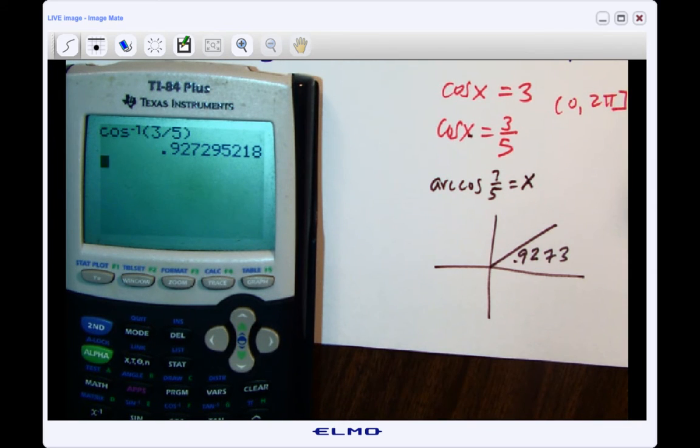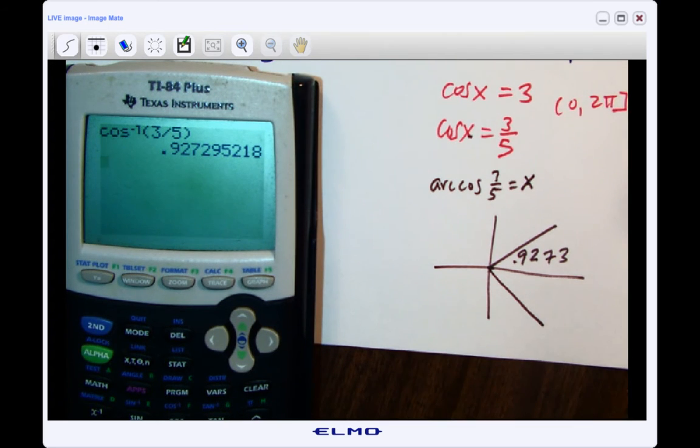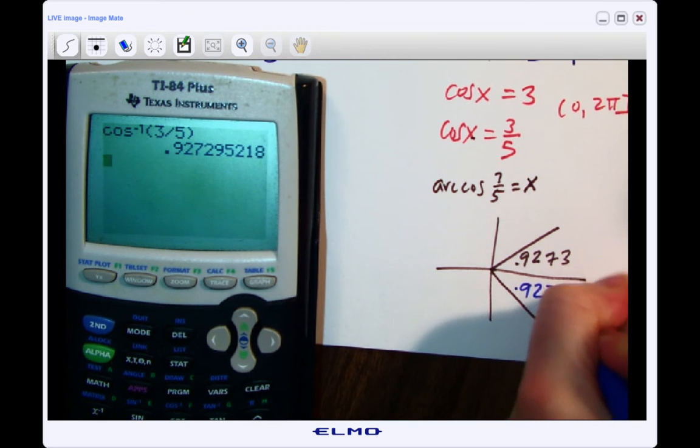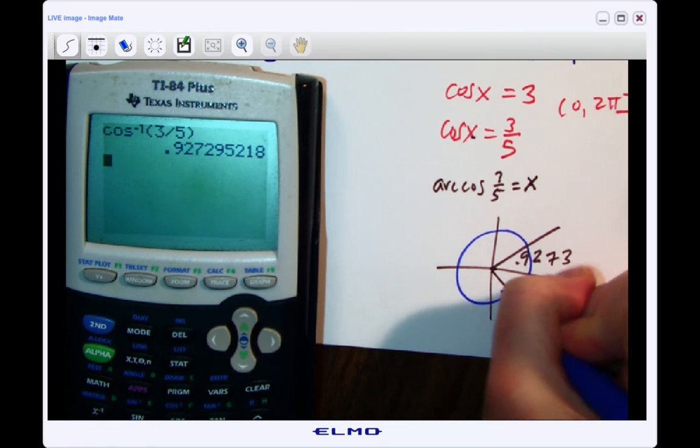All of us know that the cosine of something down here is going to be the same, right? There are 2 angles between 0 and 2 pi that have the same cosine. So the reference angle down here has to be the same as this reference angle here. How do I figure out what angle this one is?